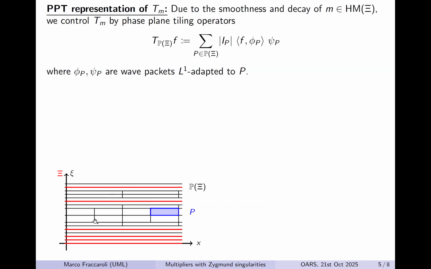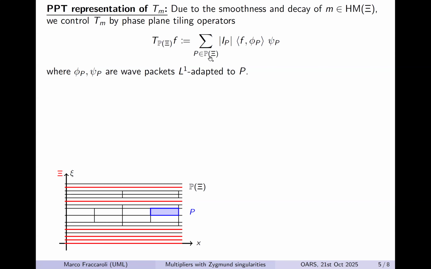So you tile the plane with such tiles, and to each one of them you have wave packets associated, which are functions that in frequency are supported on this vertical interval, and in space, in time, they are morally, approximately supported on this interval IP.